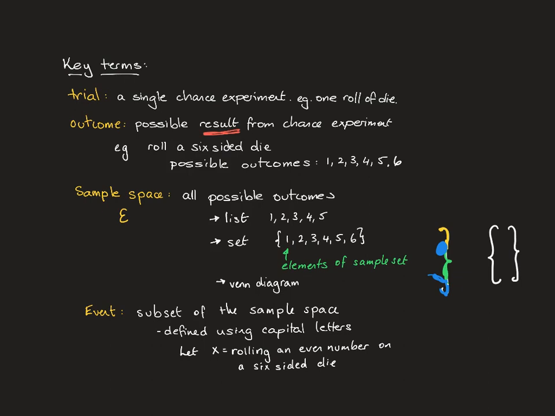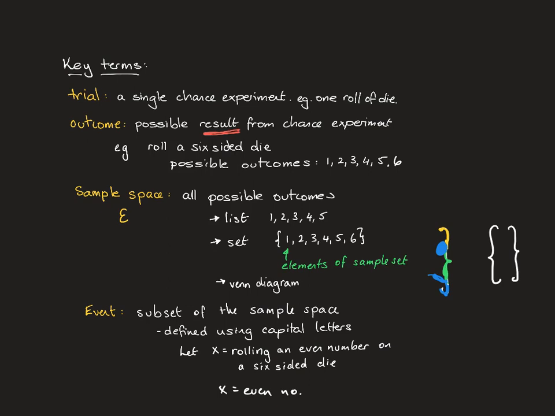So if we have an event as a subset of the sample space, it might be getting an even number when you roll a dice, it might be getting an odd number, but we define an event using a capital letter. So we'll say let X equal rolling an even number on a six-sided die. Often that's simplified right down to something that just says X equals even number. Simple as that, if the experiment is defined.